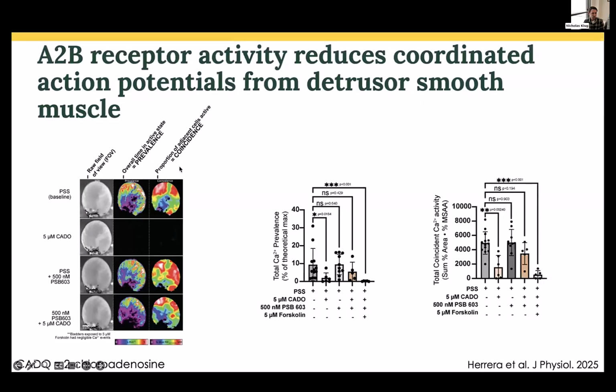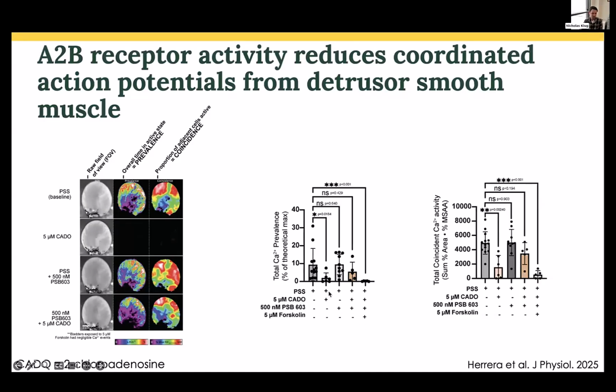We also did an analysis of something called coincidence, which is not only how often calcium events occur in bladder smooth muscle cell bundles, but how often they cause a neighboring bundle to fire. We think this neighboring muscle cell firing is really important to coordinate these transient pressure events, because they need to be coordinated in some way.